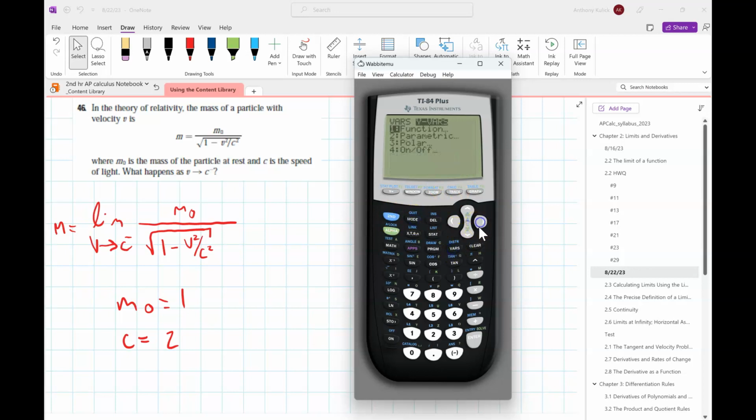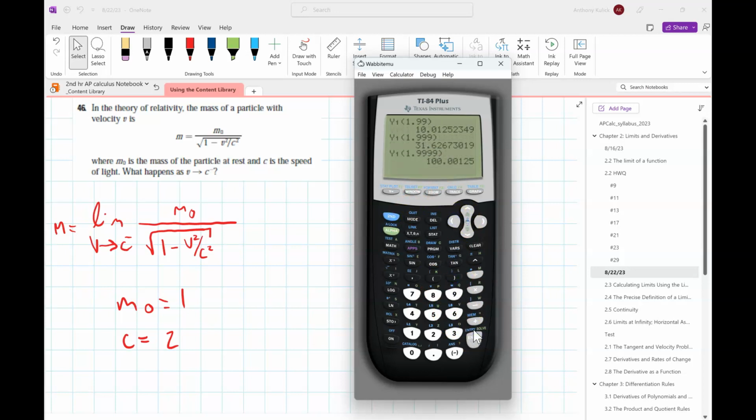The graph didn't really have enough grain for me to tell what was going on, so maybe I'll use a little table. As I'm getting closer and closer here, it's continuing to grow and grow the closer I get to 2.